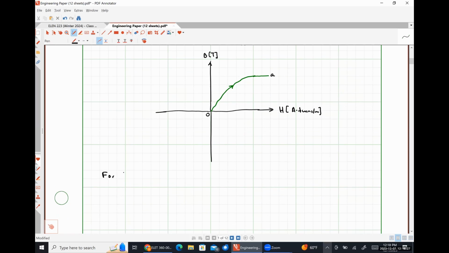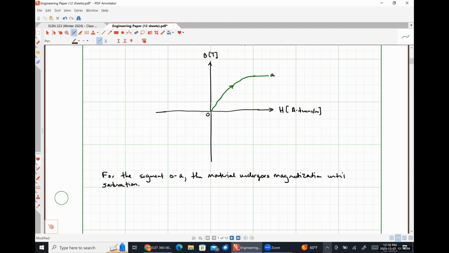So for the segment O to A, the material undergoes magnetization until saturation is reached.